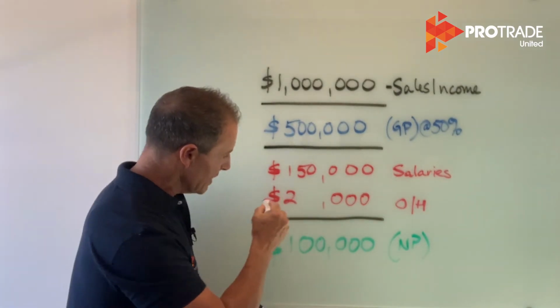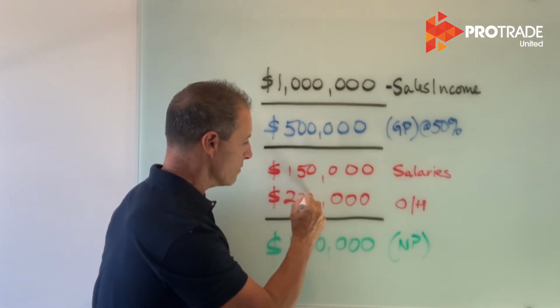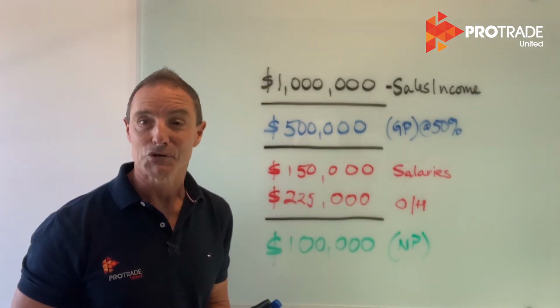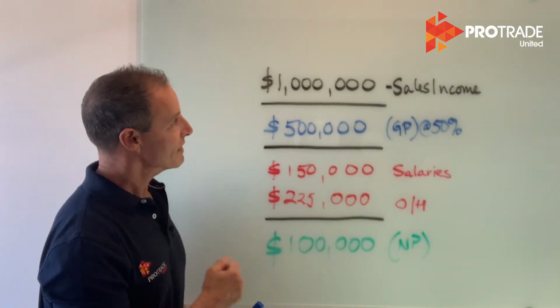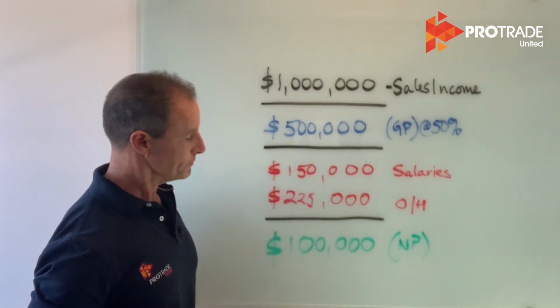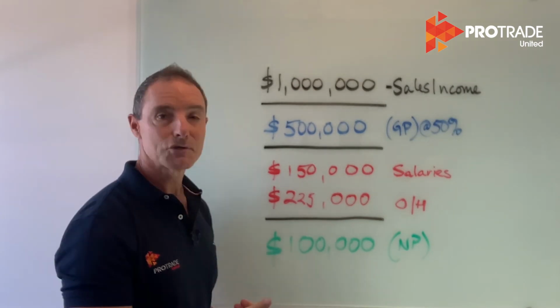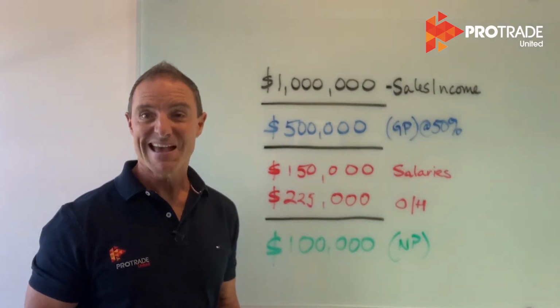Now, we take 10% and that brings our overheads down to only $225,000. So in this situation, with the same volume of work, their profitability could go up to $125,000.